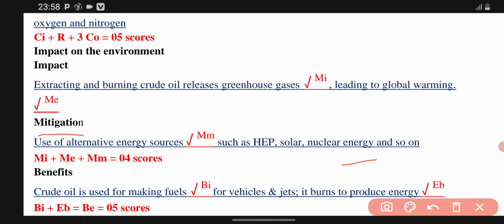We are saying use of alternative energy sources such as HEP. I don't know that you know HEP. That is hydroelectric power, or we can use solar, we have nuclear energy, and so on, and many others. Then that is now the mitigation.